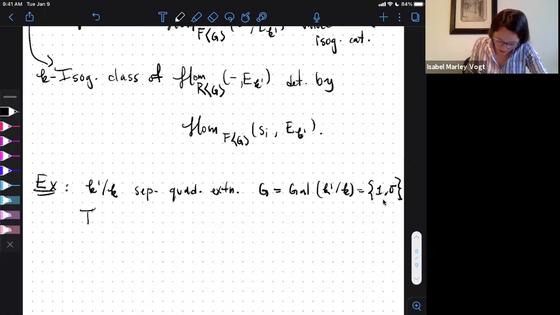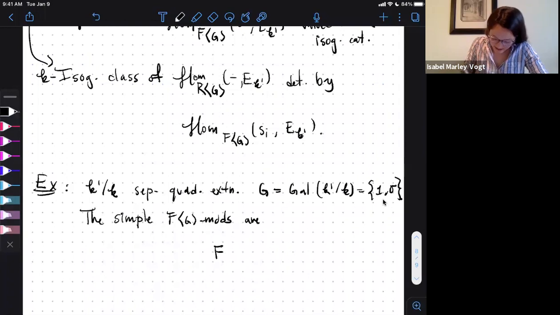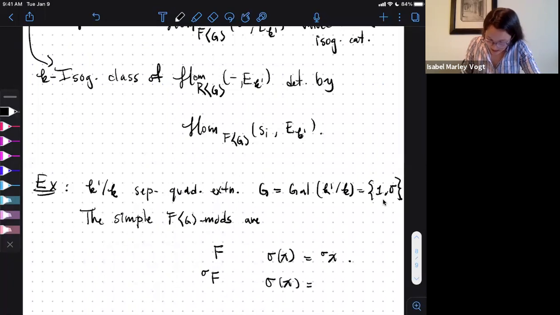So then you can work out the simple F⟨G⟩-modules are, well, F itself, and this has a Galois action I'm going to write as sigma of x is this little upper sigma x. And then I can twist the Galois action. So I can have this F twisted by sigma, or twisted Galois action. So now sigma acting on x is minus sigma x.